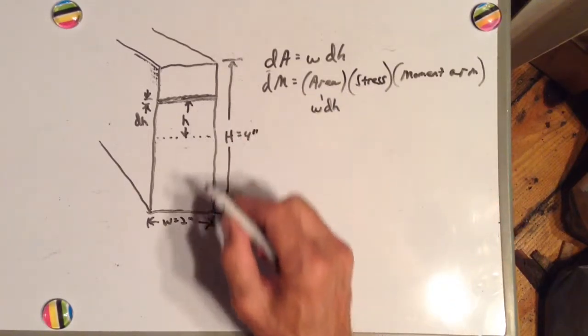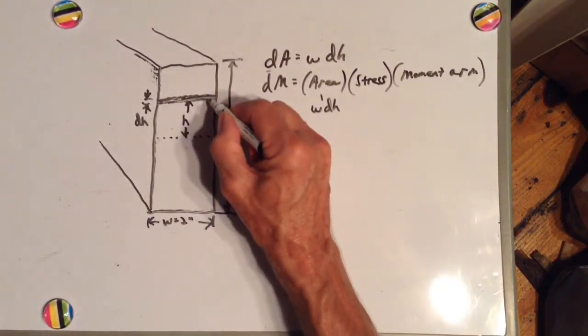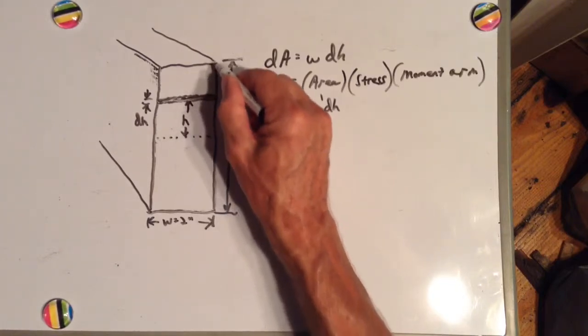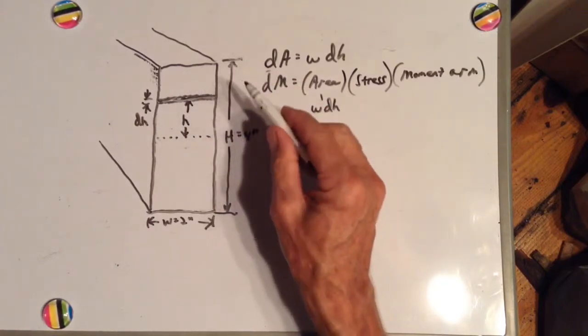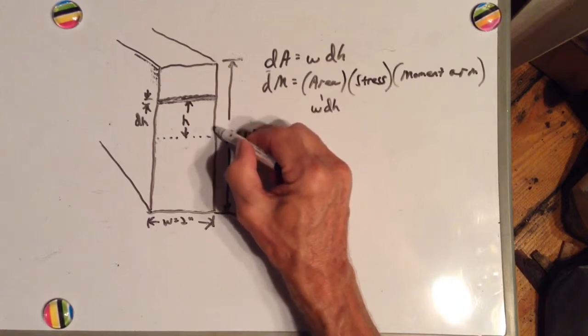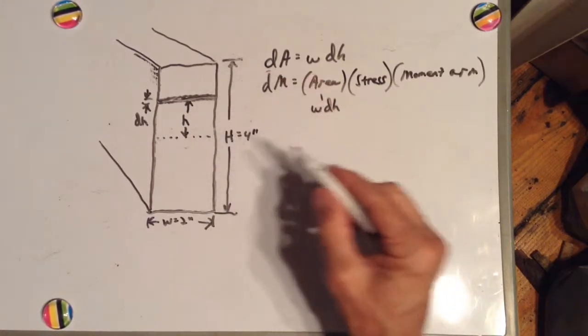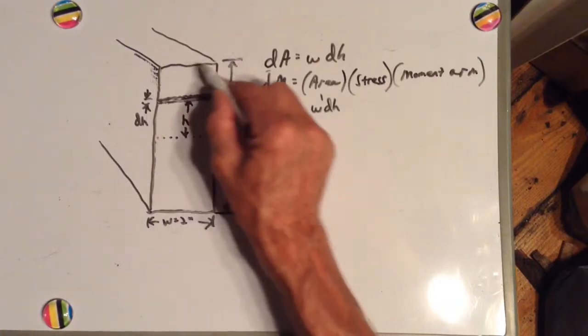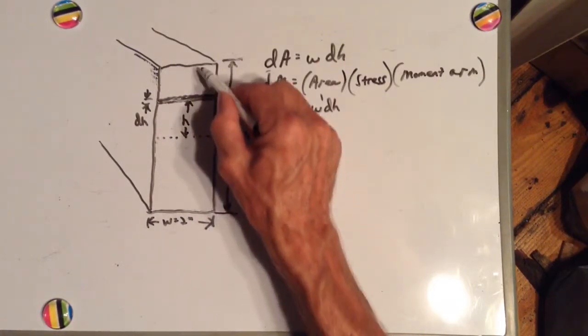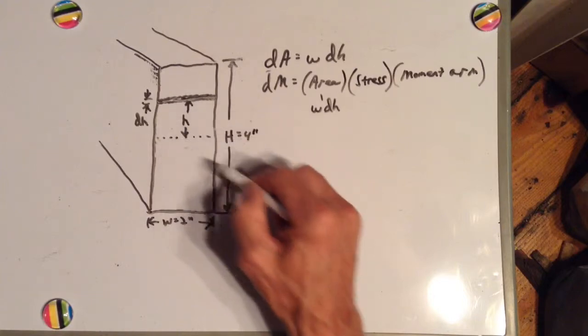The stress in our sliver is going to be the maximum stress multiplied by that distance divided by that distance. Because the stress here is 0, stress here is max. The stress between there and there depends on where it is.